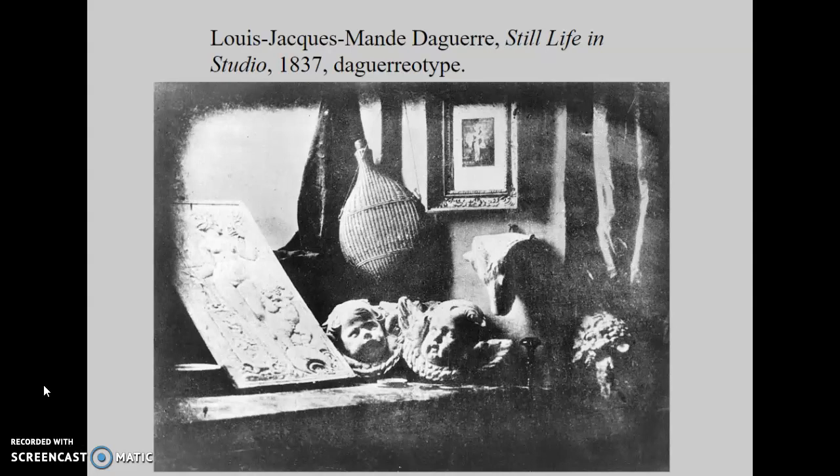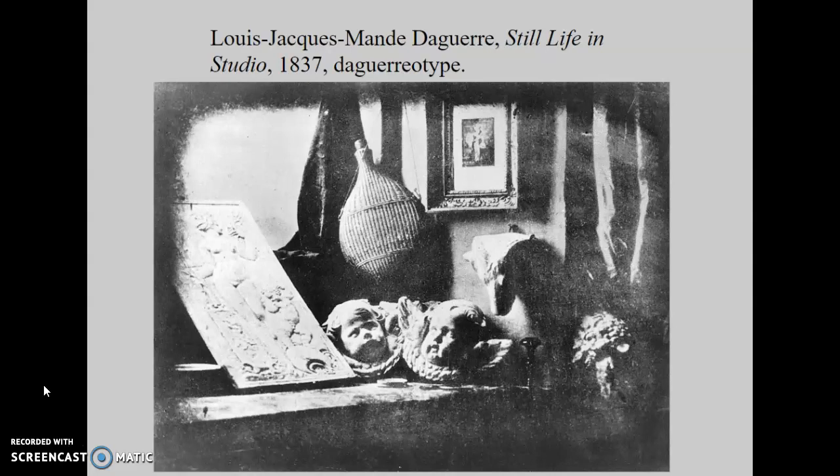Daguerre's big breakthrough is that he invented a version of what we would call development in photography today, that the image that is in the final piece does not necessarily need to be visible to the naked eye when it's first exposed to light. So the daguerreotype process uses a sheet of silver-coated copper that's polished to a mirror sheen.